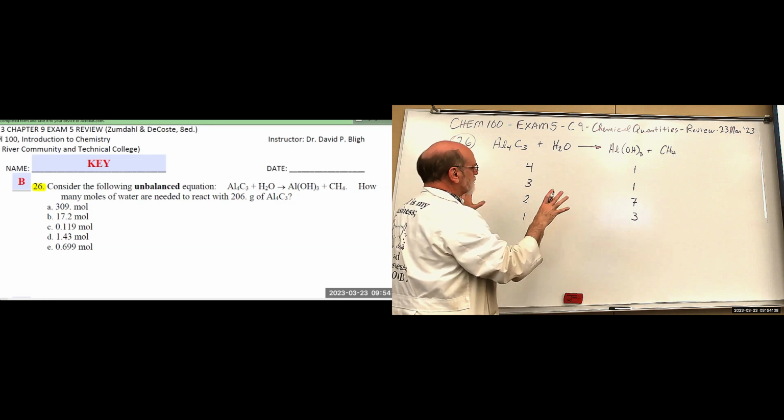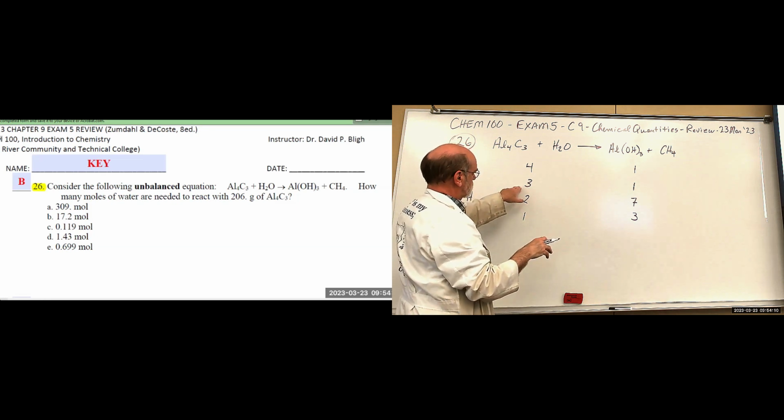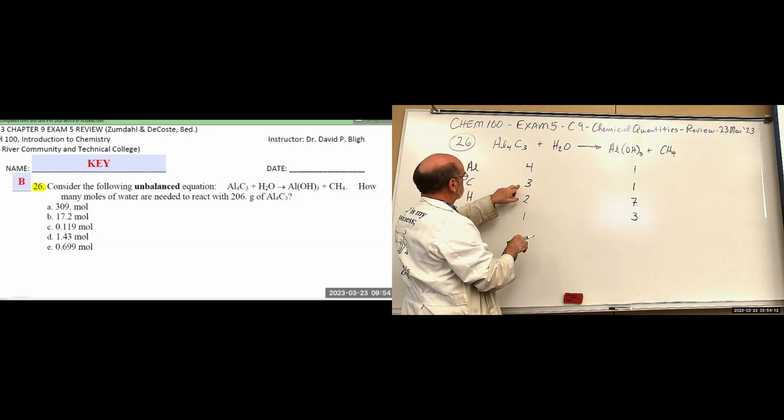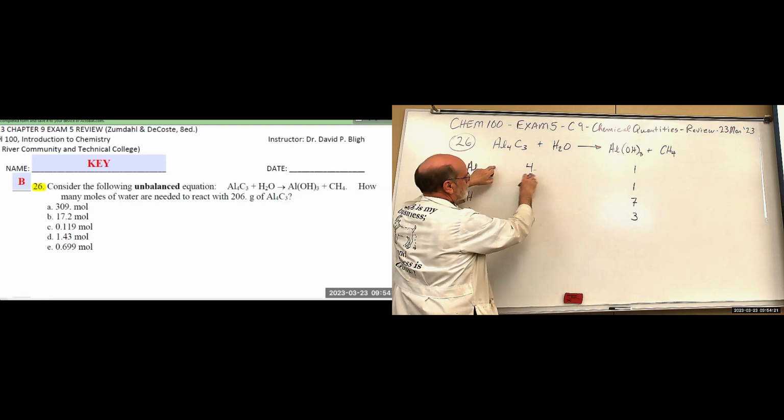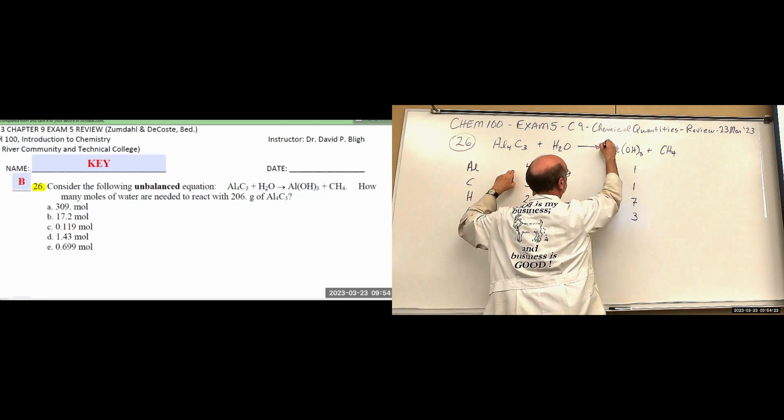So let's do the carbon first. Okay. Yeah, we can do the aluminum first. It really doesn't matter. So we need 4 aluminums over here.